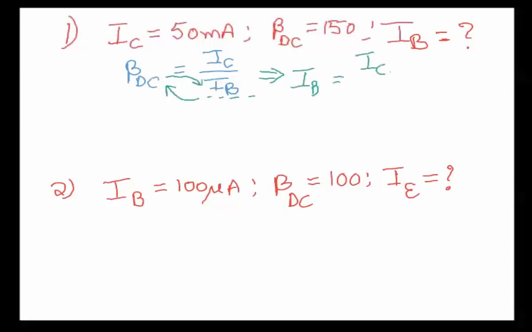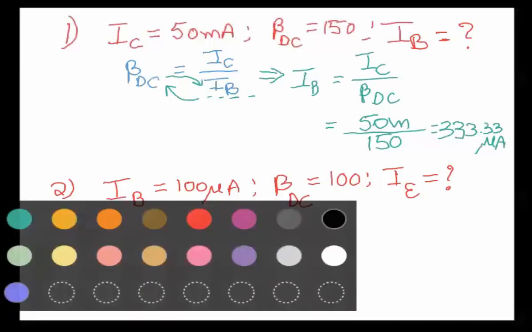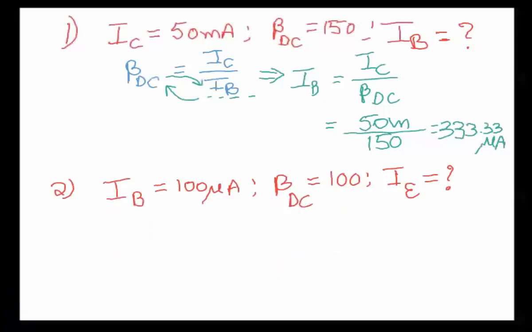So the relation is, that's your algebra. The result is 333.33 microamps. So the base current should be 333.33 microamps. That's what you will get.